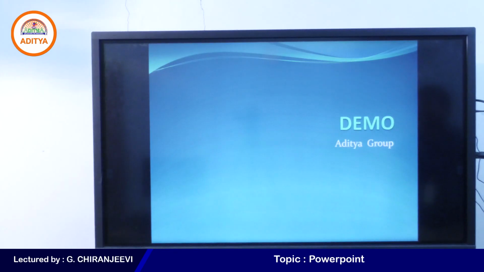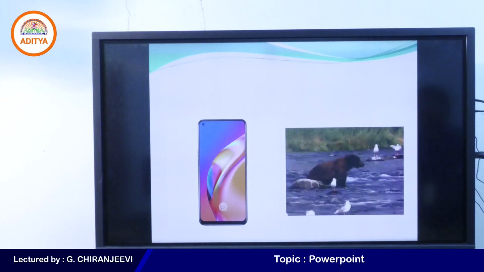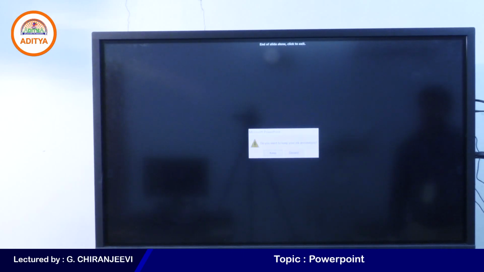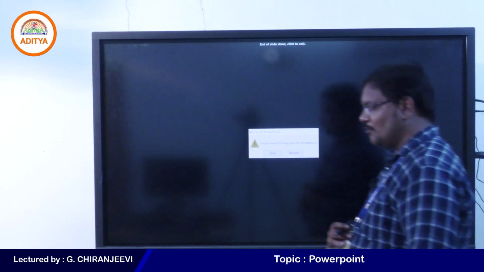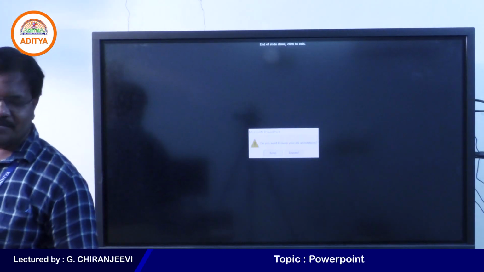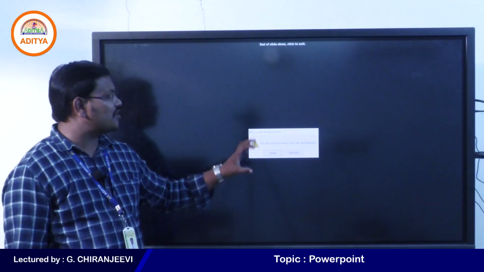See here, going to the next slide, I am pressing the down arrow key. Once your PowerPoint is completed, it may not be visible to you, but I am reading it, because I cannot maximize this.